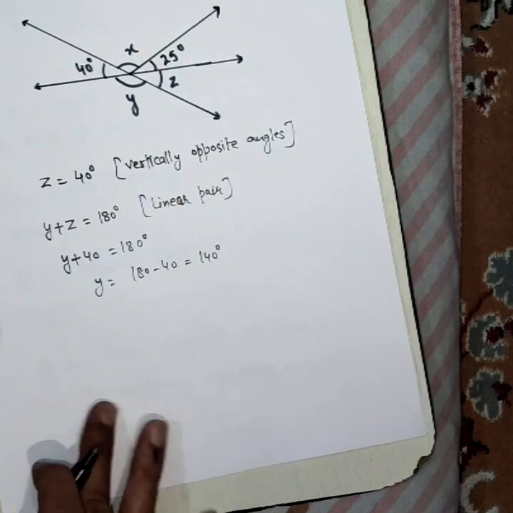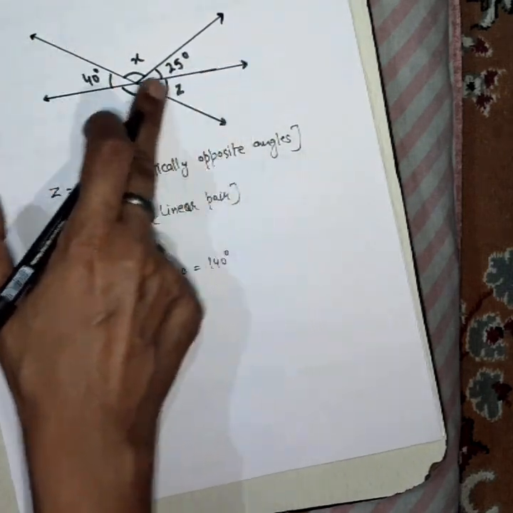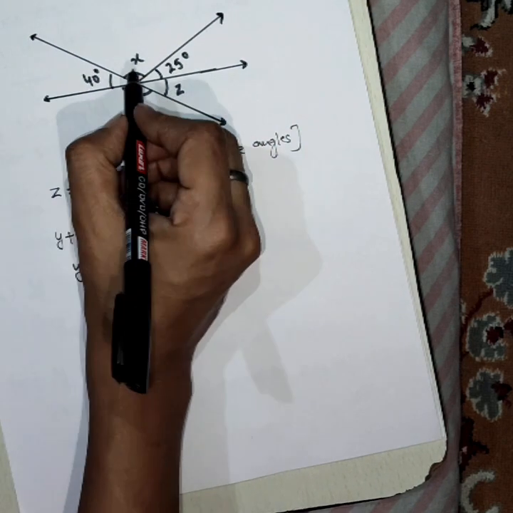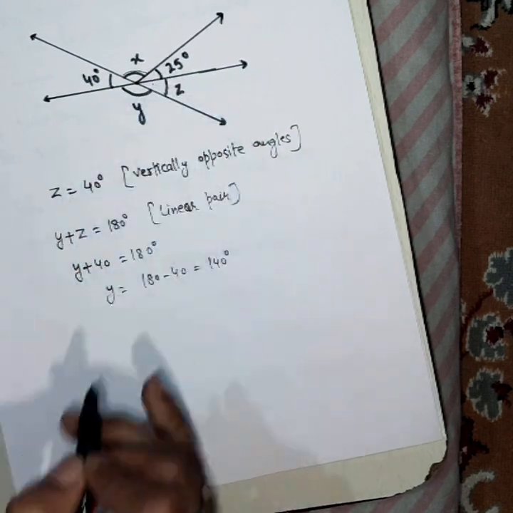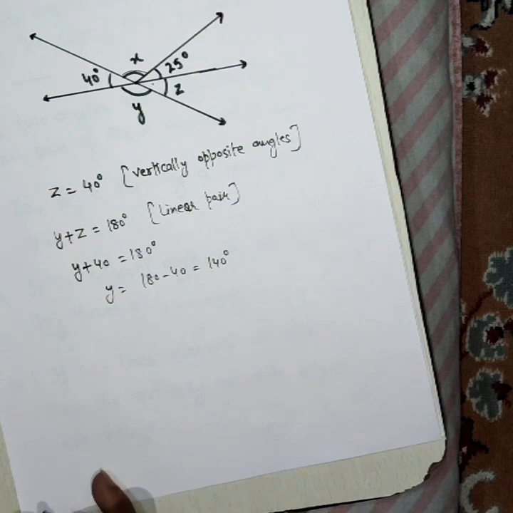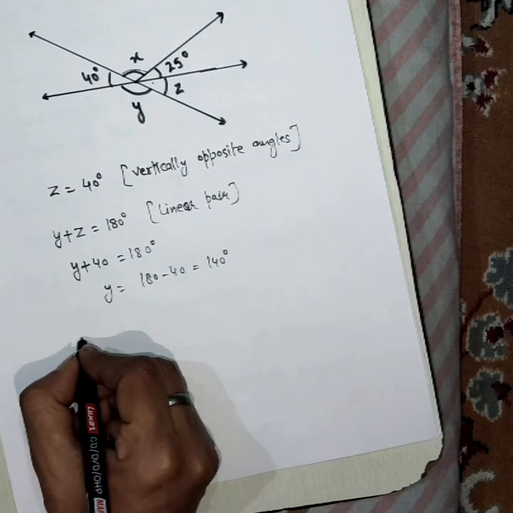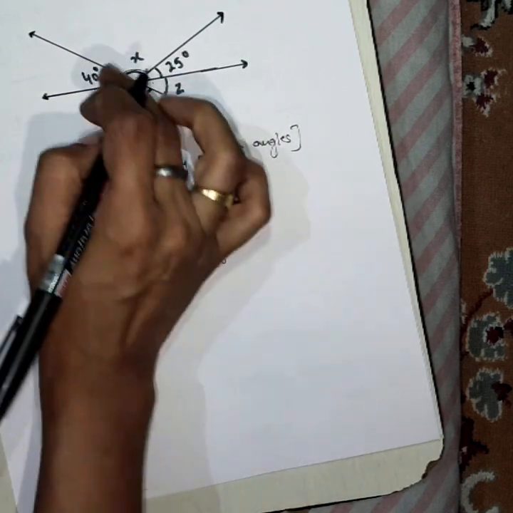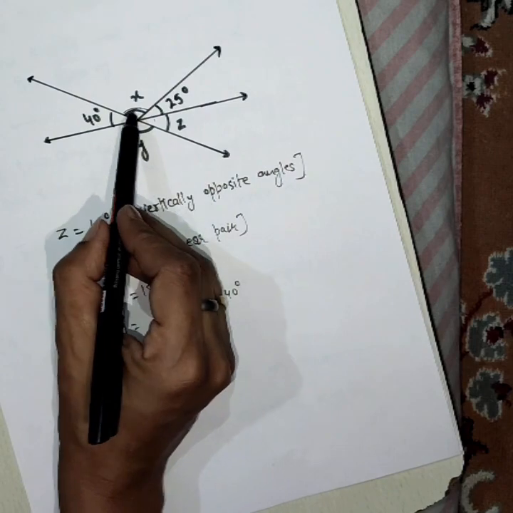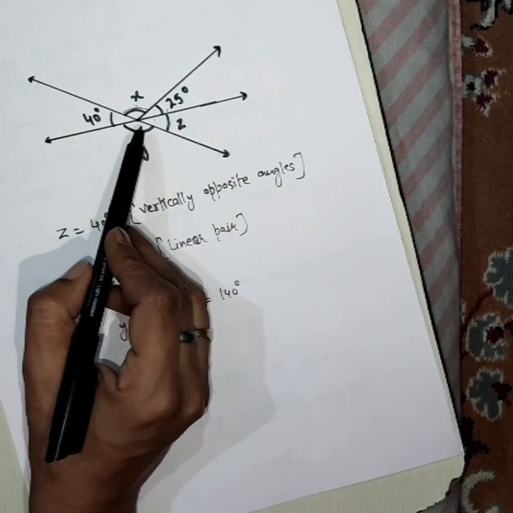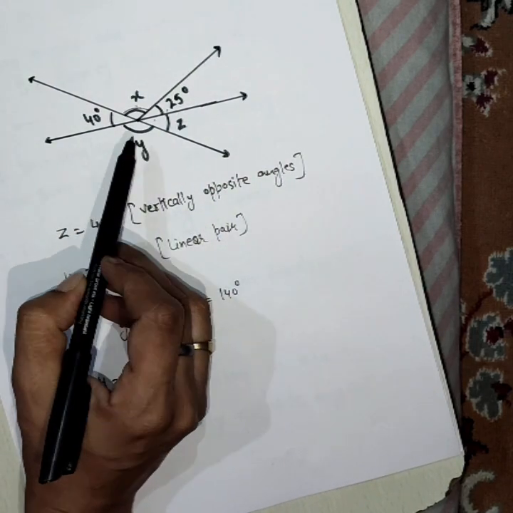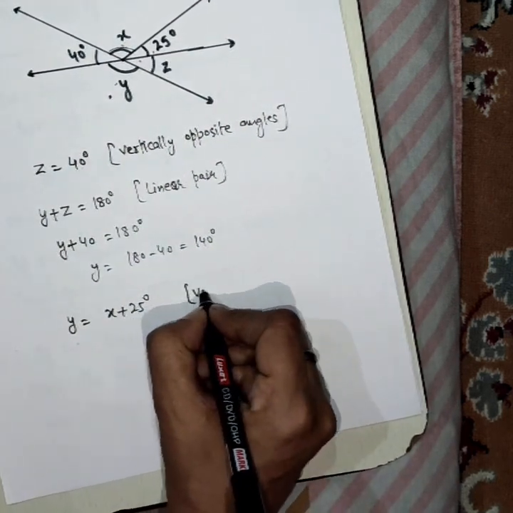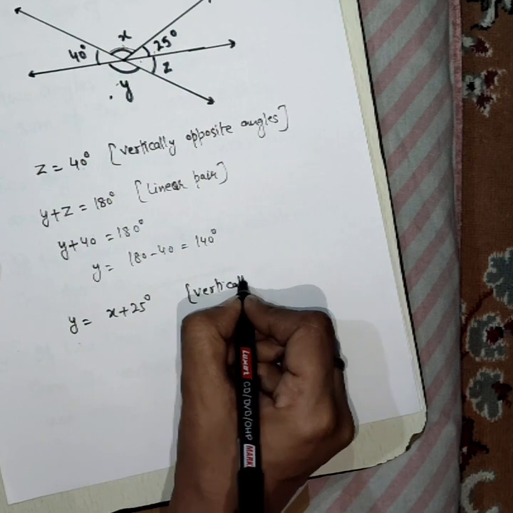Now what is angle x? Now check. This and this both are intersecting lines, and angle y and this complete angle make vertically opposite angles. So angle y is equal to x plus 25 degrees, because this complete angle means x plus 25 makes vertically opposite angles with angle y.